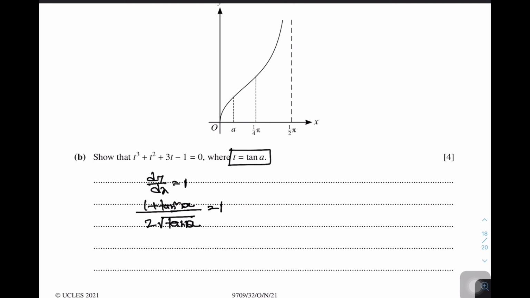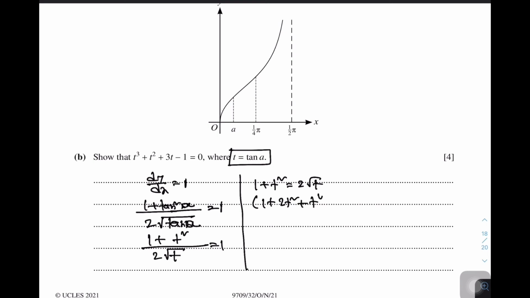So t equals to tan a. So it will be 1 plus t square over 2 root over t equals to 1. And let me do cross multiplication, 2 root over t, then squaring, 1 plus 2t square plus t to the power 4, there will be 4t. So t to the power 4 plus 2t square minus 4t plus 1 equals to 0.